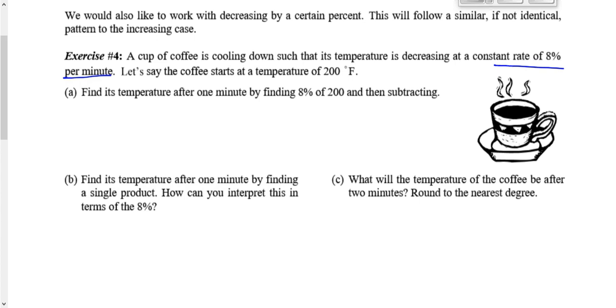All right, find its temperature after 1 minute. So let's do this by finding 8% of 200 and then subtracting it. So how do we find 8% of the starting temperature, 200? 200 times what? 0.08. And that's 16. So it dropped 16 degrees, right?